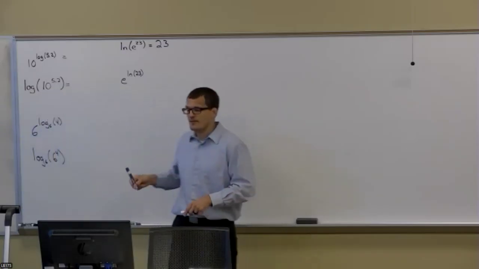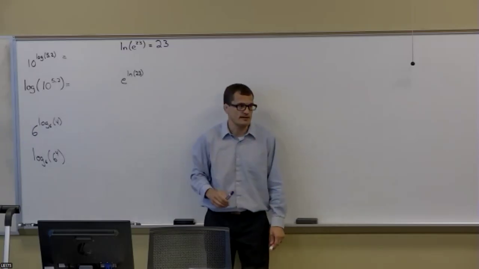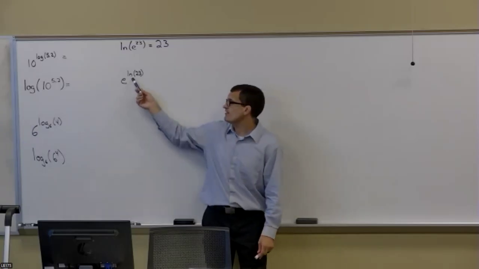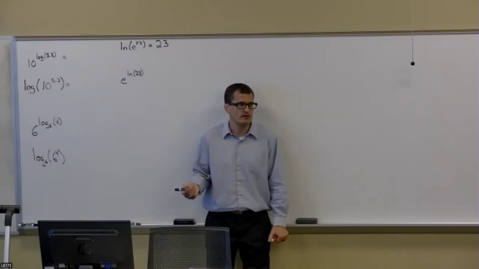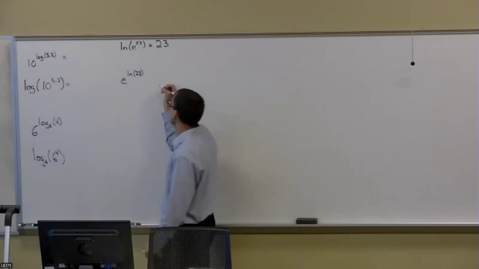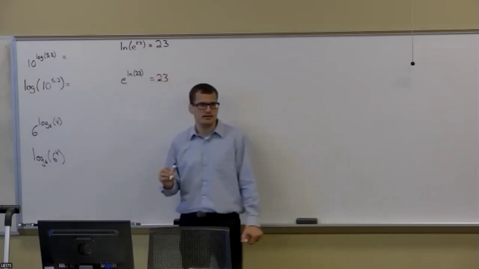So we already found that natural log of e to the 23rd power was 23. If you type this in, e raised to the natural log of 23 power, you should also get 23 if you typed it in correctly.